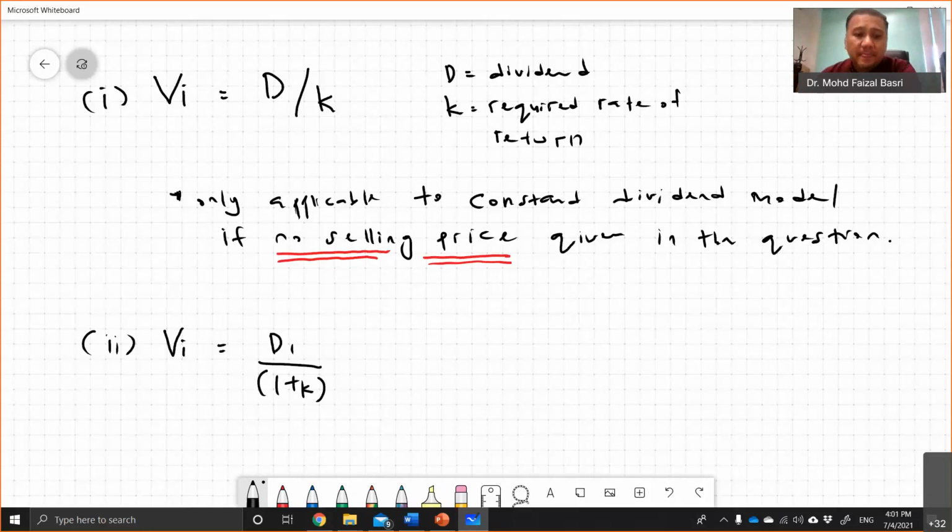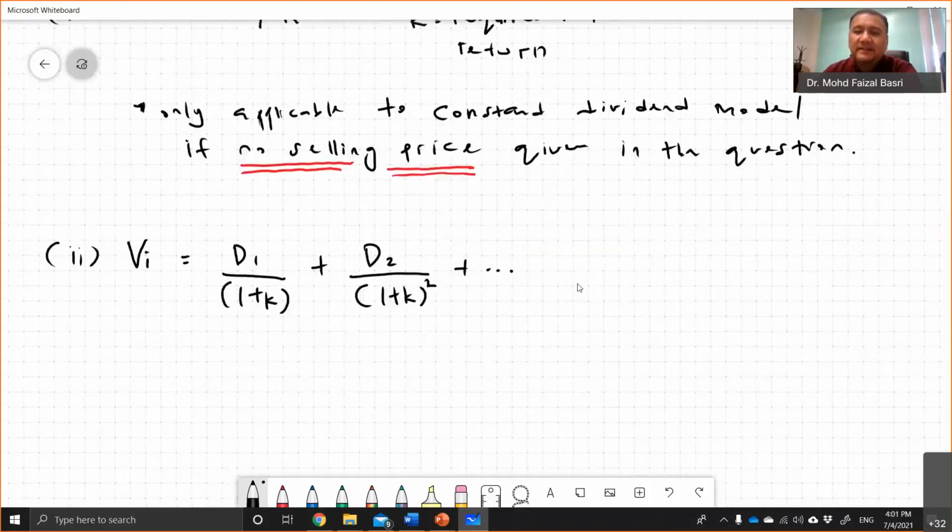Plus the dividend for the second year, D2 divided by 1 plus K squared, plus whatever dividends we have. Let's say you have dividends until year 5, so you have D1, D2, D3, D4, and D5.